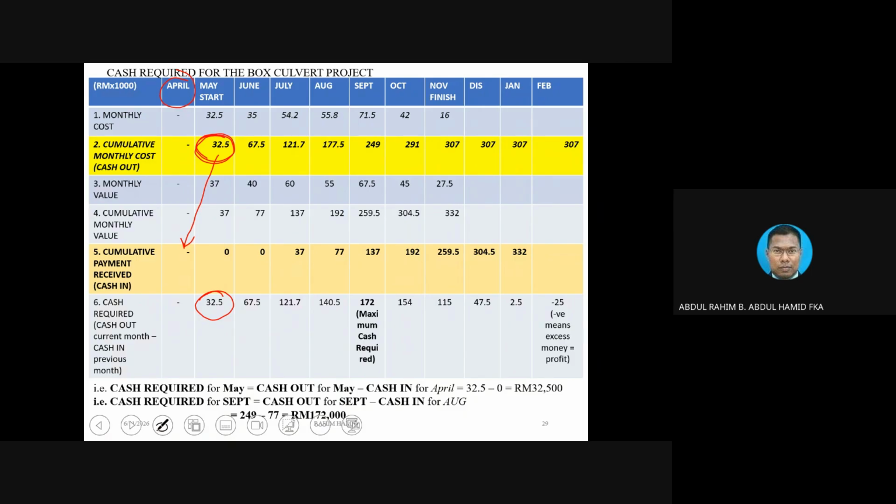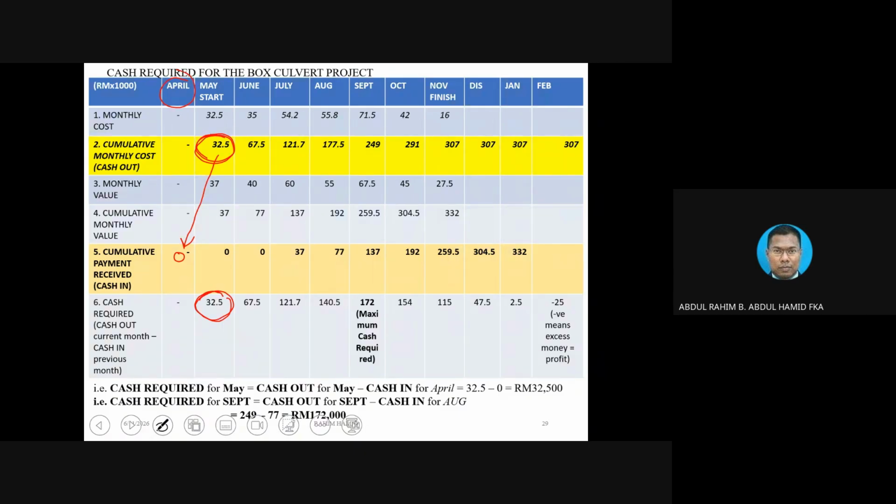And how much is the amount that we have in the previous month? Of course, 0. So 32.5 minus 0, we get this one. Zero is only the same for May and for June. If, for instance, you deduct 32.5 from 0 in May, of course you get the same answer.